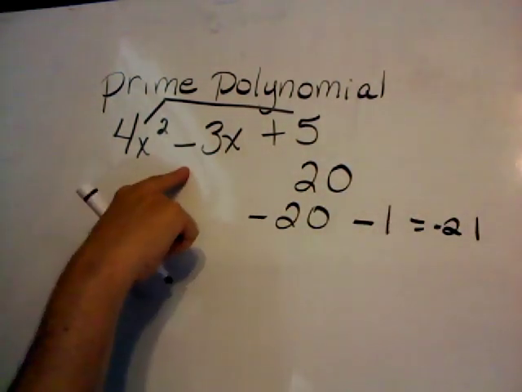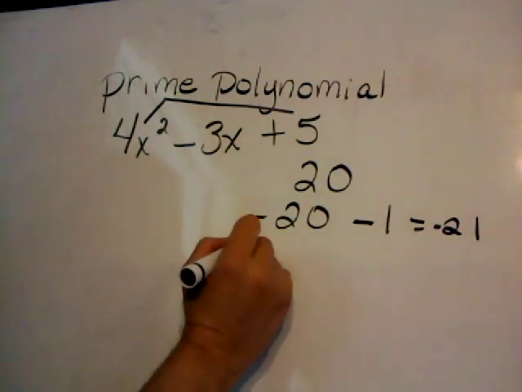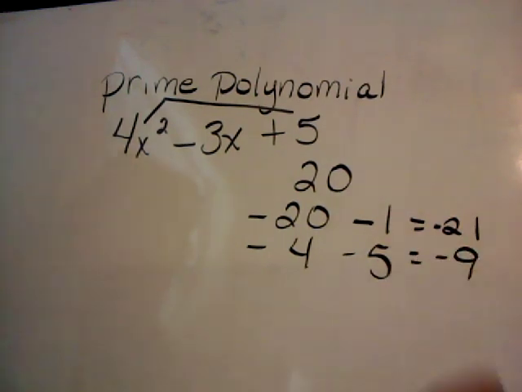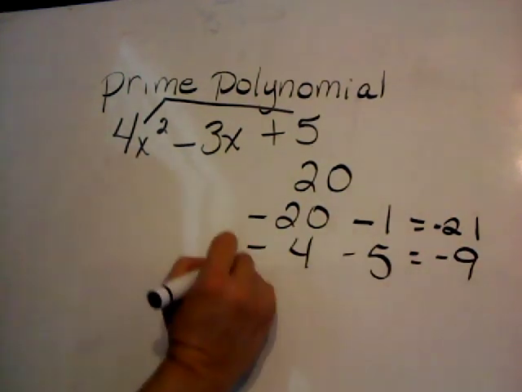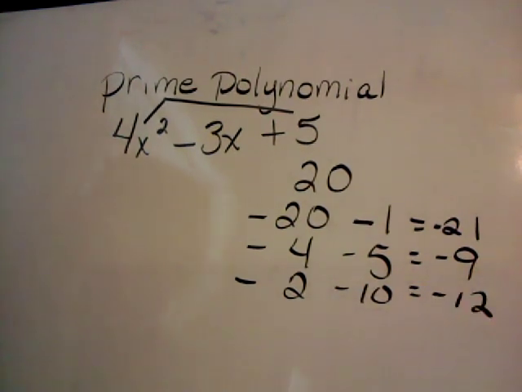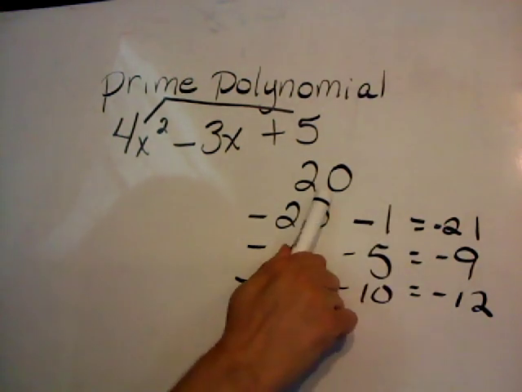Well, that's not going to give me a negative 3. Negative 4 and negative 5 is going to give me a negative 9. That will not work. A negative 2 and a negative 10 will give me a negative 12. That also will not work. And I am out of factors. There are no more factors for 20.